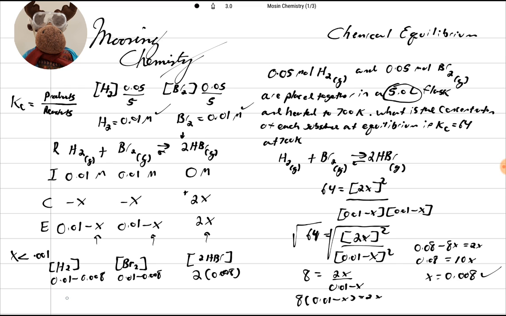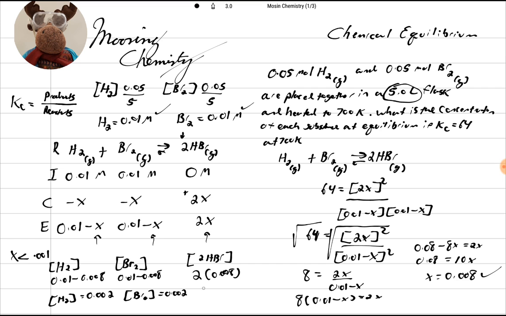So when we do the math, our H2 is equal to 0.002. Our Br2 is equal to 0.002.